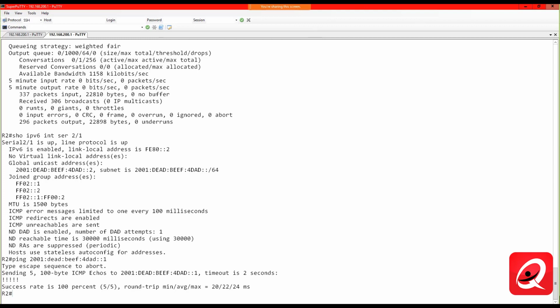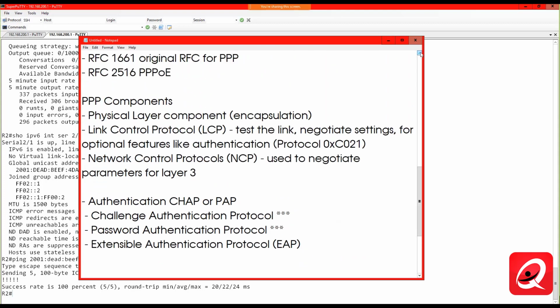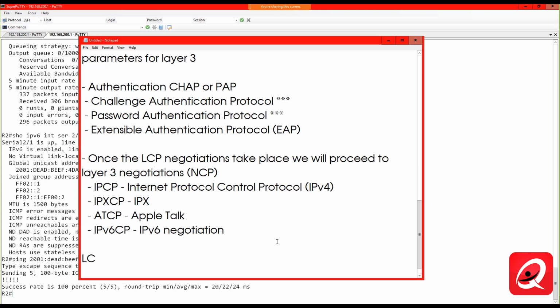All right. Now we did also talk about how we use LCP to identify all the parameters of the connection, what kind of WAN connection it is, and so on. But let me talk a little bit about what some of those options are, because that's one thing that you will need to know as well. Let me just do this at the bottom.